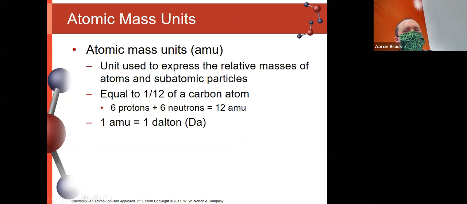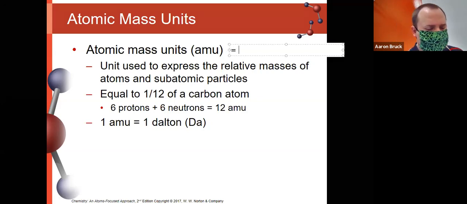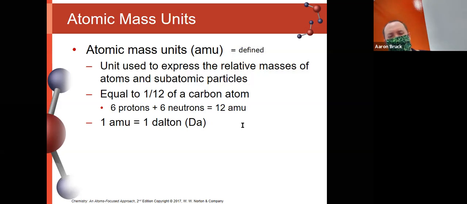Some things that we can express about atoms themselves. First of all, we express masses of atoms in terms of what are called atomic mass units. Atomic mass units are defined values. Since they are defined, we can talk about them in terms of relativity. There's some sort of definition that we use, and everything else is relative to that definition.